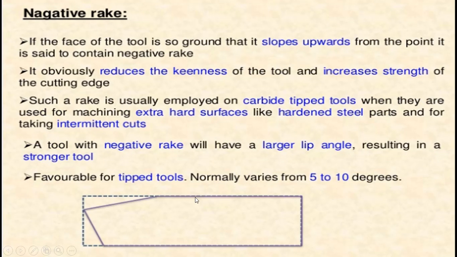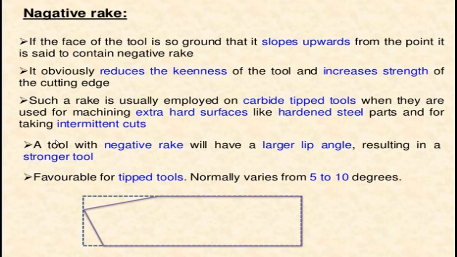Second, we have the negative rake angle. If the face of a tool is so ground that it slopes upward, or say instead of going downward it is moving upward towards the flank portion, then the rake angle is called a negative rake angle. It obviously reduces the keenness of the tool and increases the strength of the cutting edge.